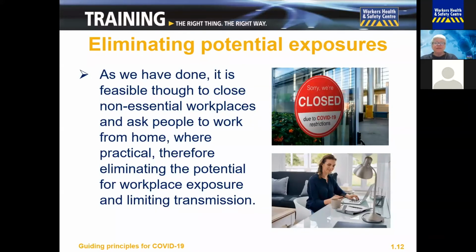As has been done, it is feasible, though, to close non-essential workplaces and to arrange for people to work from home where practical, thus eliminating the potential for workplace exposure and limiting transmission, especially when individuals stick to physical distancing and essential hygiene practices at home and in the community.